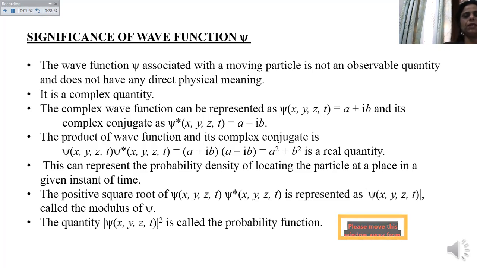It does not mean its value changes; it means that it exists but in the opposite direction. The quantity modulus of psi(x, y, z, t) squared is called the probability function. That is the function which describes how much is the probability of finding an electron in an orbit.